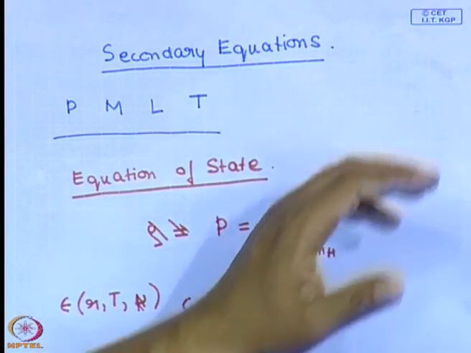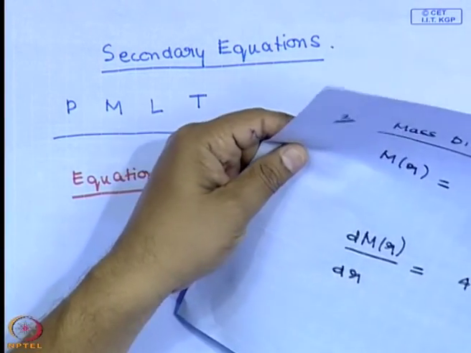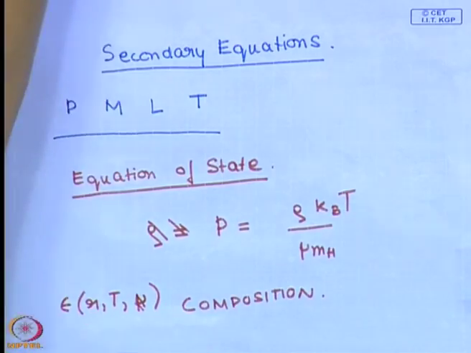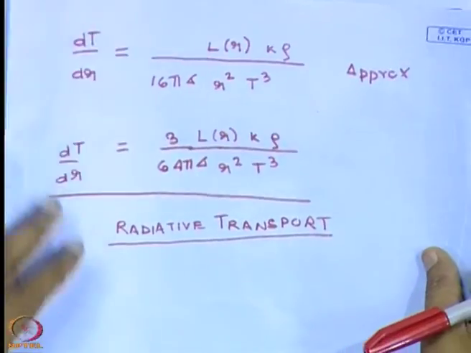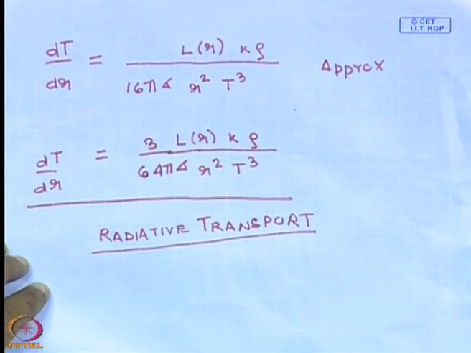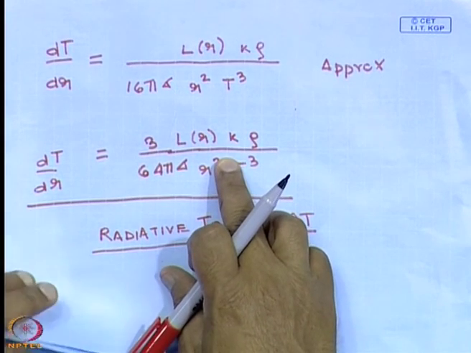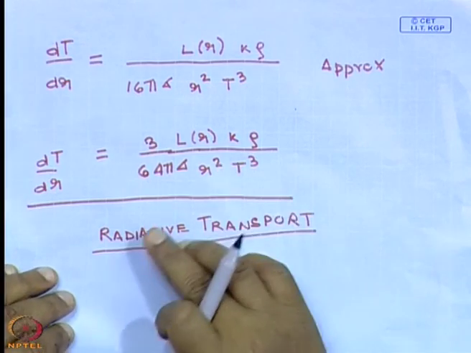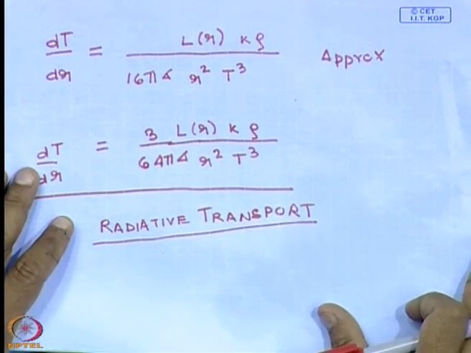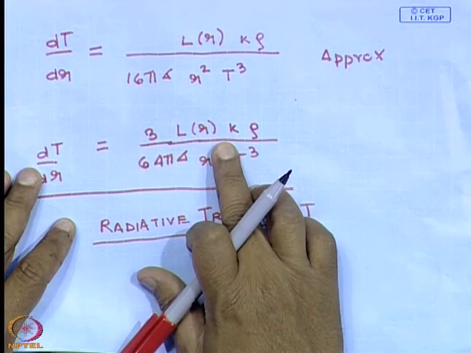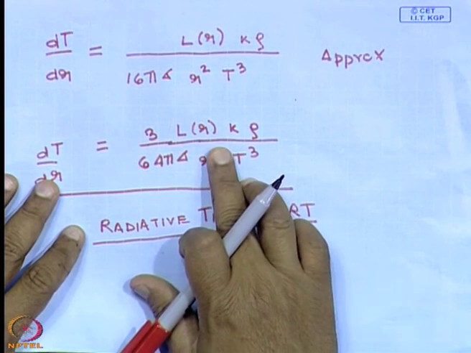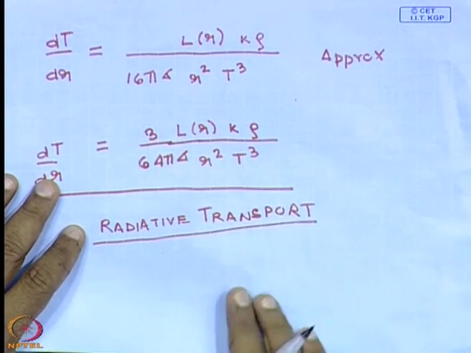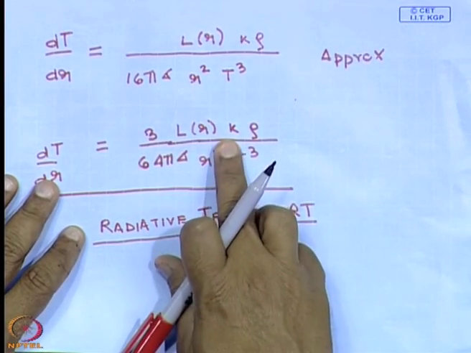Okay. Let us look at the next equation. The next equation is the temperature gradient. So, if you have radiative transport, then you also need to know the opacity, that is the absorption, how much radiation, what is the absorption cross section, or the absorption coefficient per unit volume, unit mass, that is the opacity, kappa.